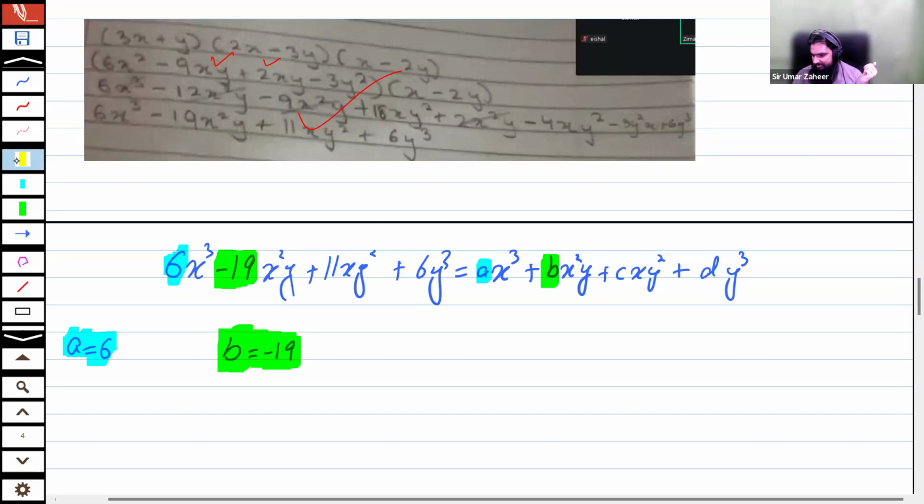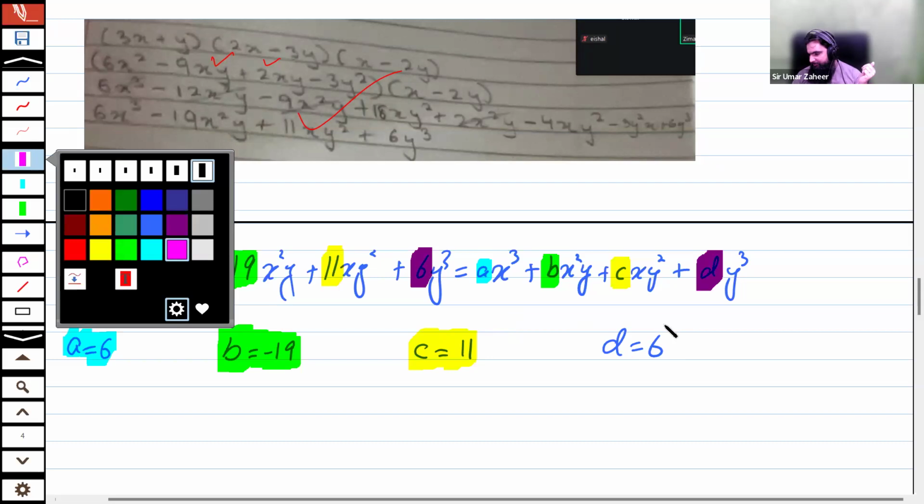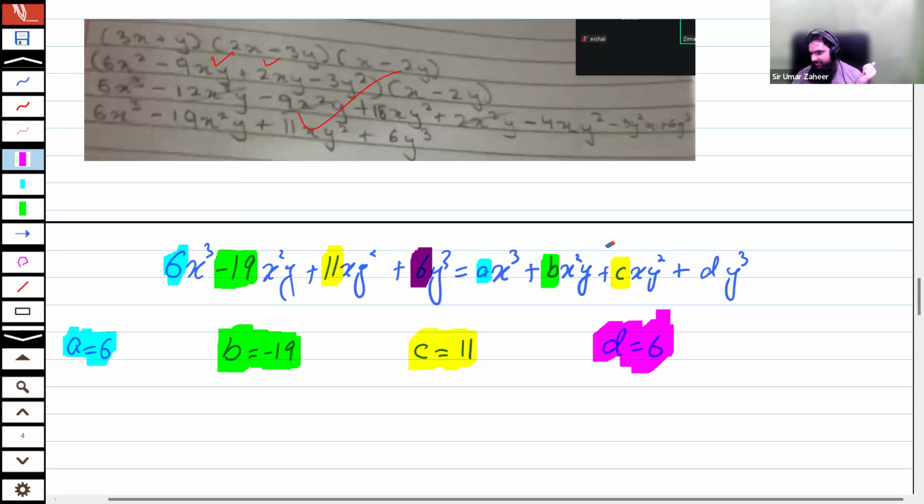If I make a comparison between the coefficient of xy square, I'm going to get that c is equal to 11. And in the last step, if I make a comparison between the y cube with the y cube, I'm going to get that d is equal to 6. Yes, everyone. Any question? So this is how you are going to get the value of a, b, c, and d.